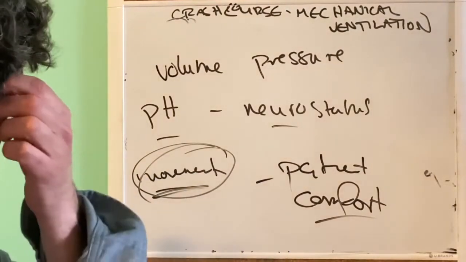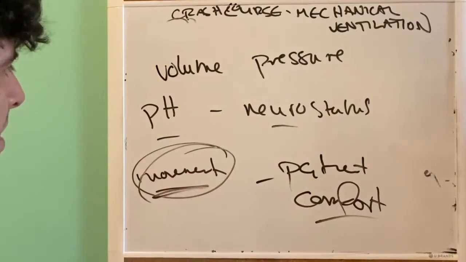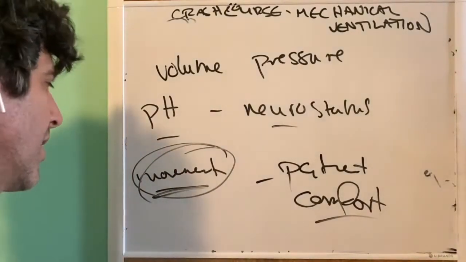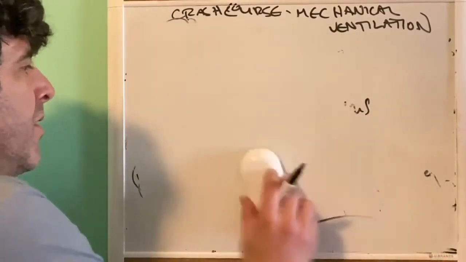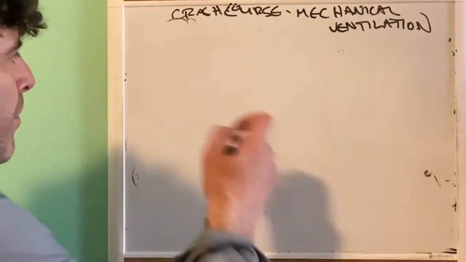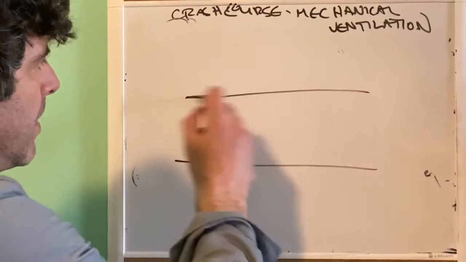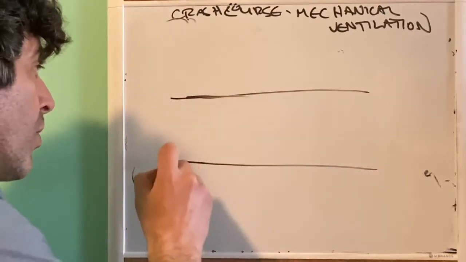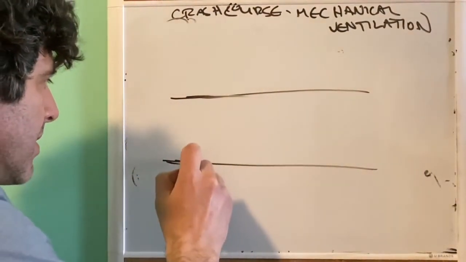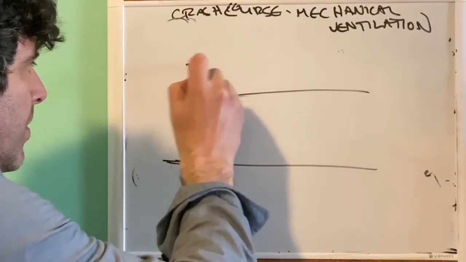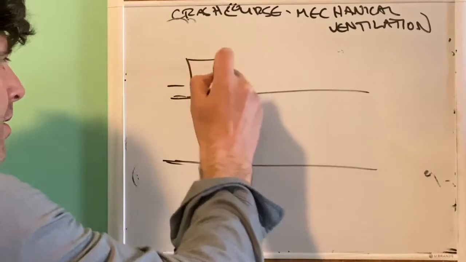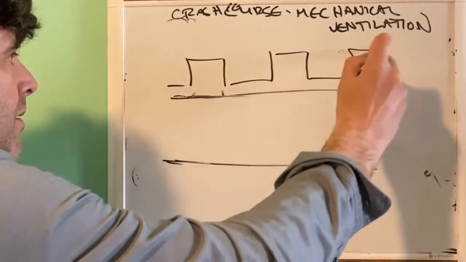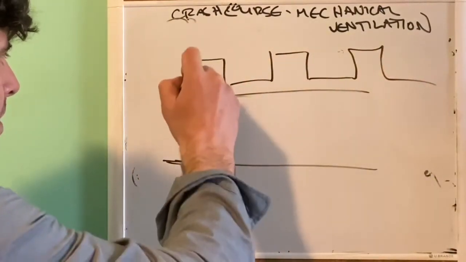We'll talk about what happens in ARDS a lot: in a low compliance state, you have a high elastance, so it tends to require PEEP.